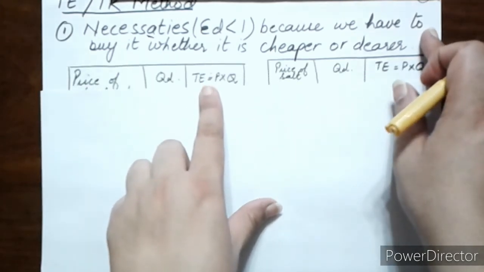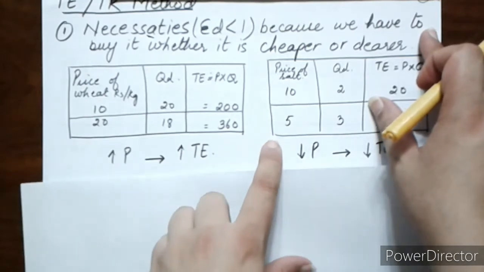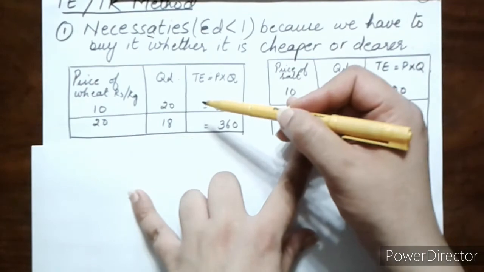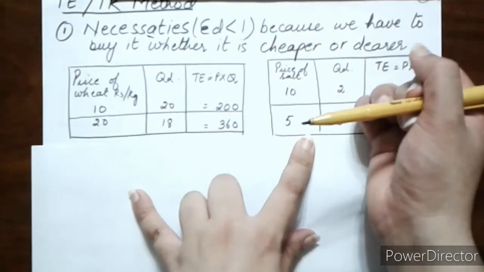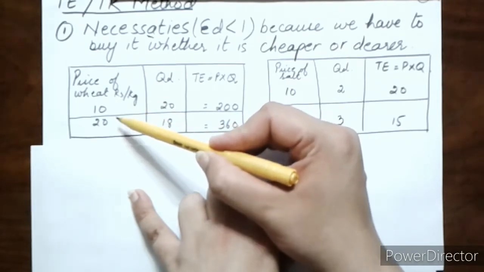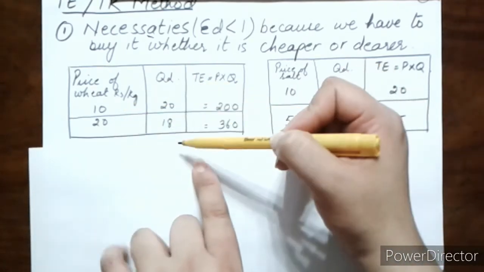Now let's discuss this concept with the help of a table. Let's first discuss the case where we are considering a rise in price. Let's say wheat was 10 rupees per kg, then the price rose and it became 20 rupees per kg.